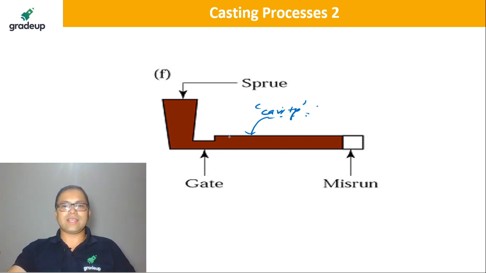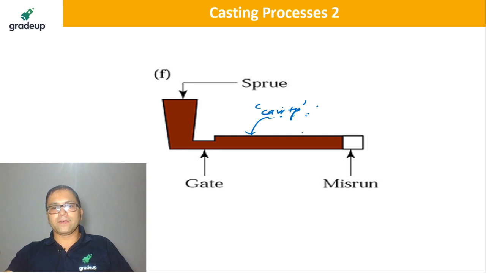Okay, so what is happening here is, this is a misrun. Okay, so somehow the molten metal is not able to completely fill the cavity as you are seeing here, right? So the molten metal is not able to fill the cavity here. So why should it happen?